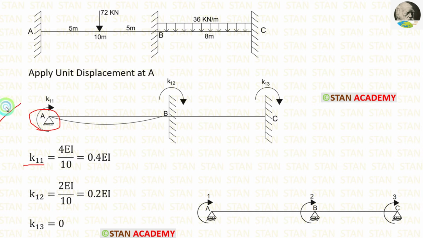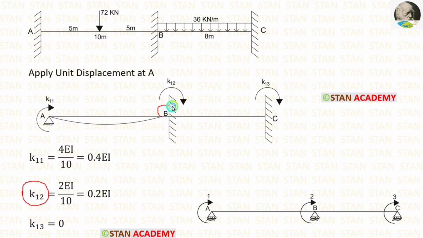On the left side, there is nothing. On the right side, we are having a fixed support. If the far end is fixed, the formula is 4EI upon L. The length of AB is equal to 10 meter. We can apply. Finally, we are getting 0.4 EI. Now let us calculate K12.